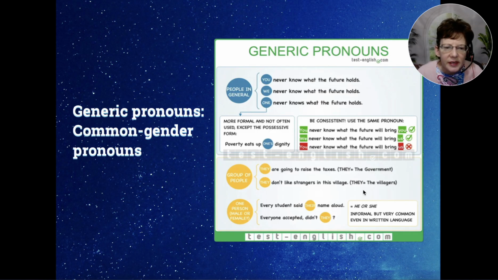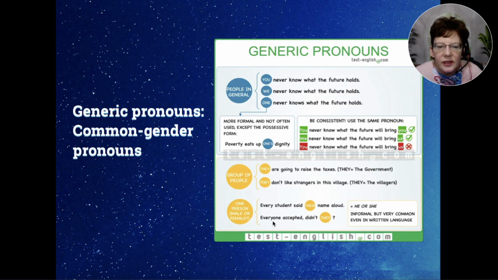So that means the villagers, that's what they are here. Okay, and then one person, like a male or female, for example, every student said their name out loud. So, yeah, I wouldn't want to say his or hers, just in general.